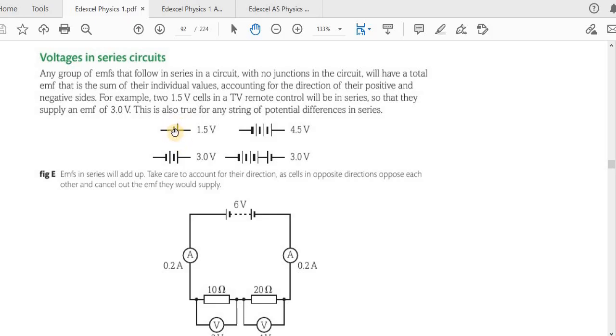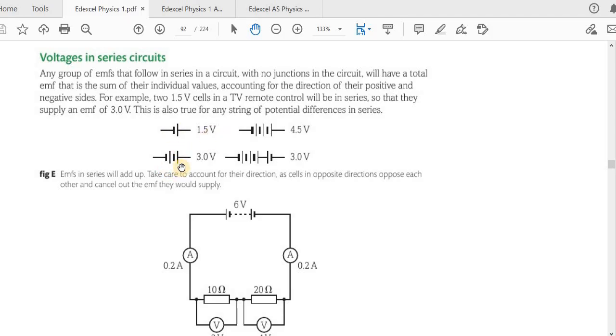This is the positive terminal, this is the negative terminal. In general, this means it's a cell. A collection of cells forms a battery. If you have just this symbol alone, generally we take it to be 1.5 volts, even if the word battery is used for a cell.